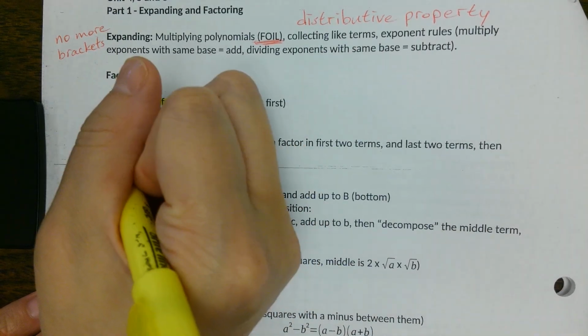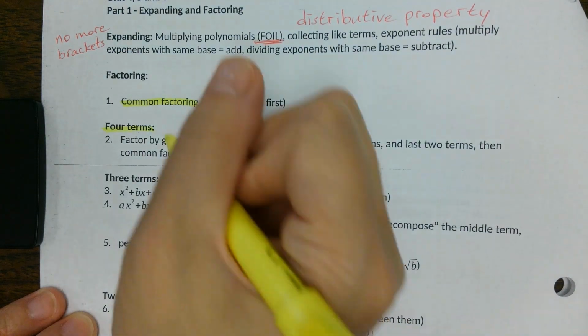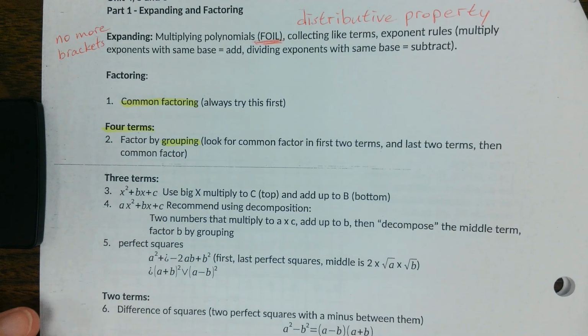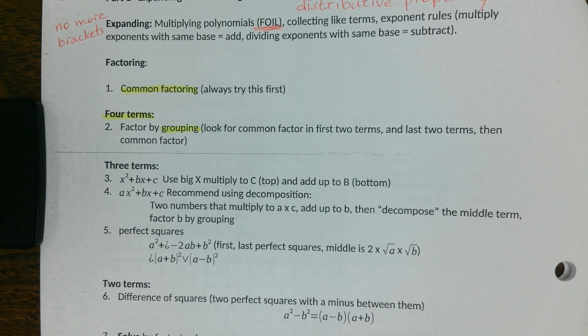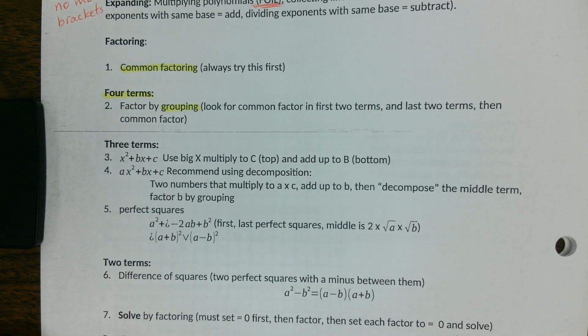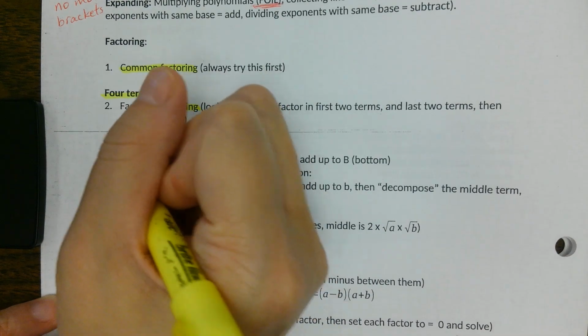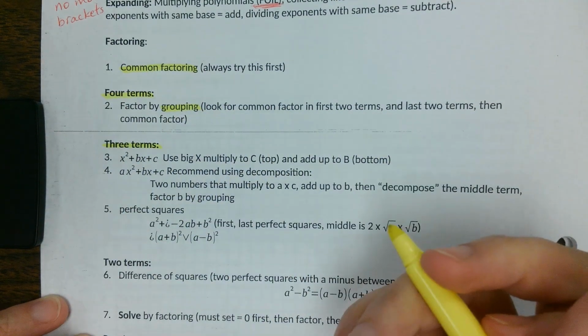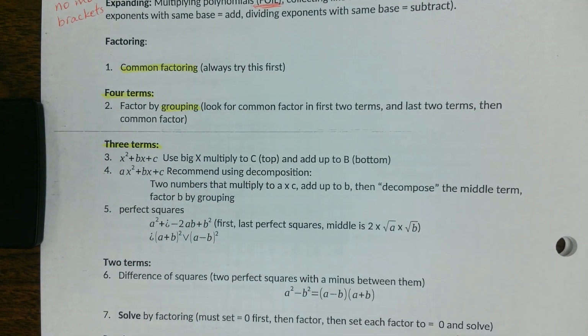The hint is if there's 4 terms, you do it by grouping. Whenever you see 4 terms, it's by grouping. If there's 3 terms, then you can do the triangle and square method.